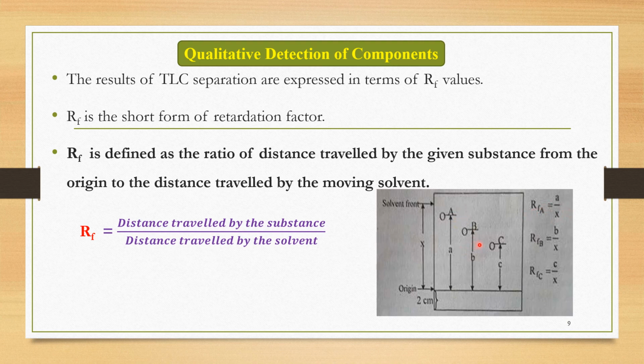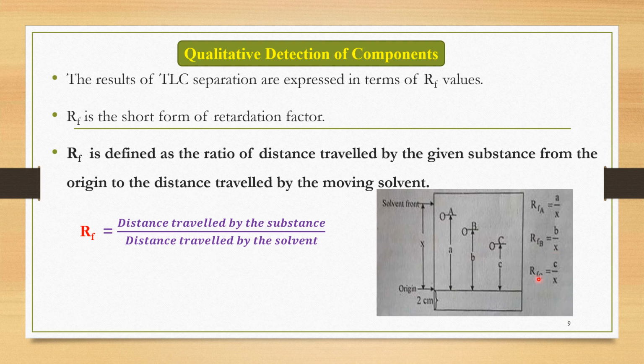The second sample spot is B. Its RF value is equal to the distance traveled by the substance, small b, divided by again the distance traveled by the solvent, that is small x. So the RF value for sample spot B is equal to b divided by x.